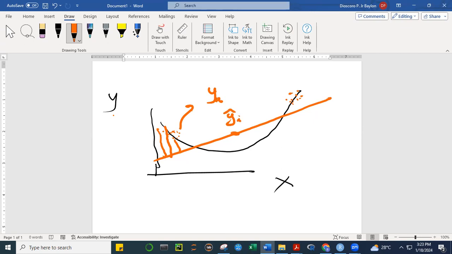Please ignore the curve line. Ito yung actual data point natin. Ito yung predicted value natin. Ito yung residual. The difference between the predicted value, the fitted value, the model value, and your actual value.